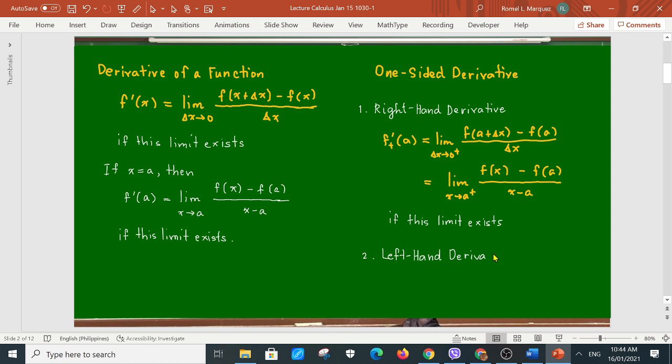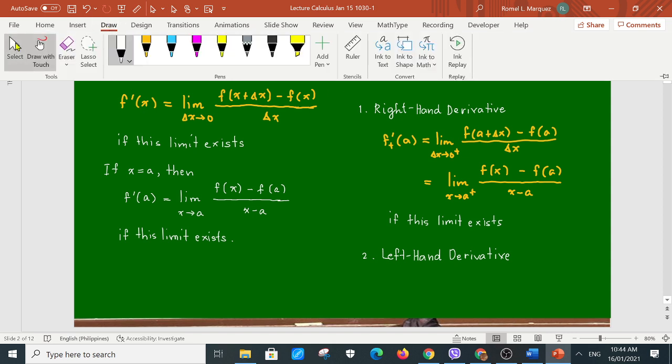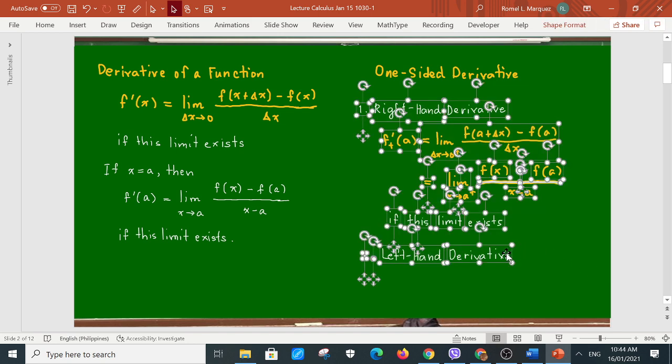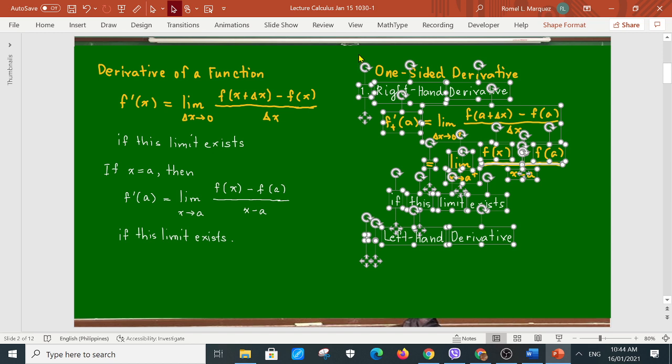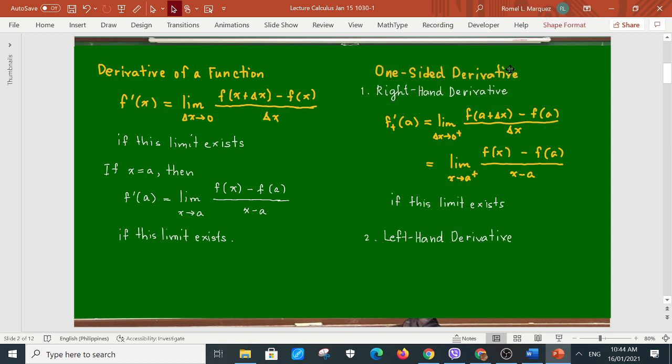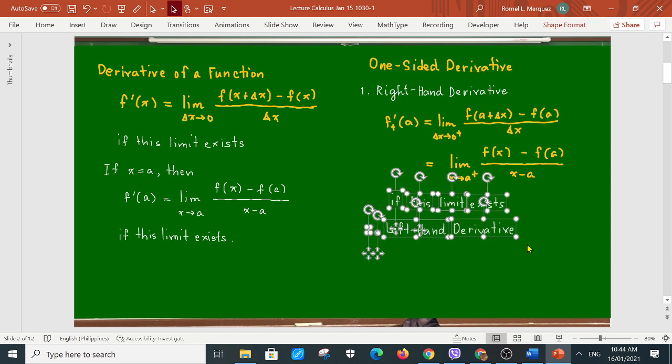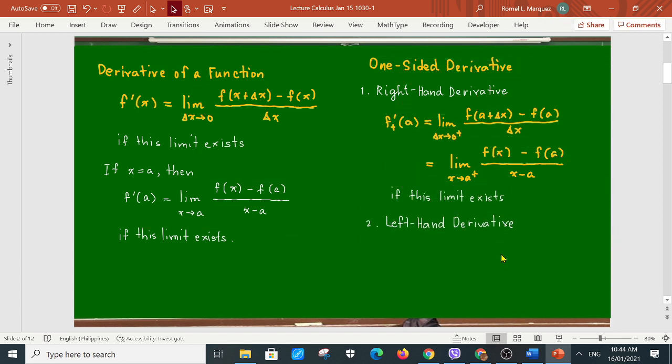The formula is similar, except that we are coming from the left instead of from the right. Let me rewrite it.